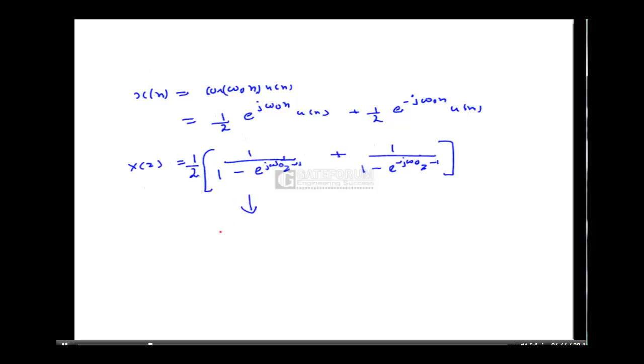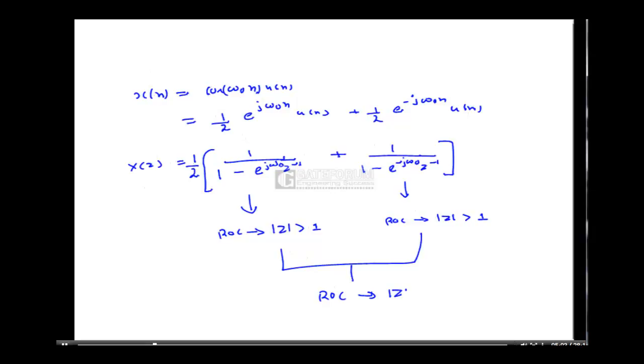ROC in this case is mod z greater than 1, and in this case also mod z greater than 1. Thus the overall ROC will also be mod z greater than 1.